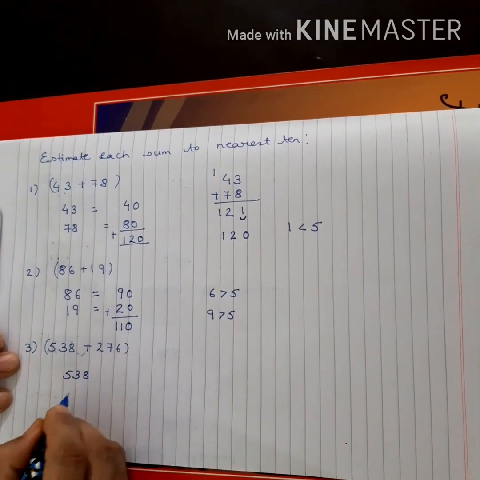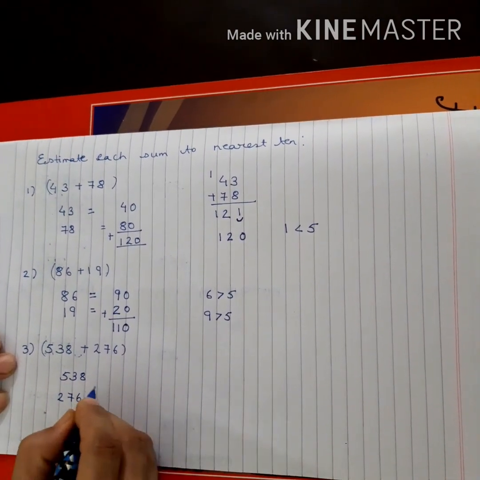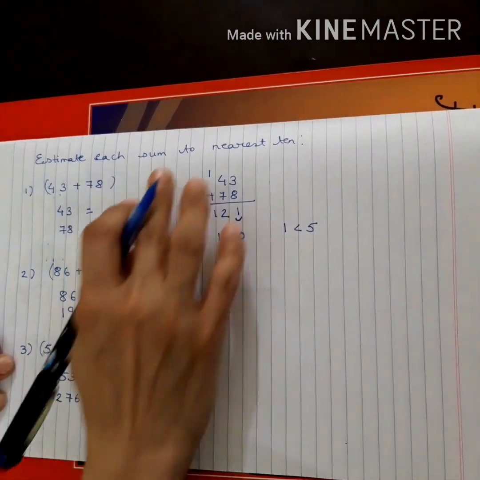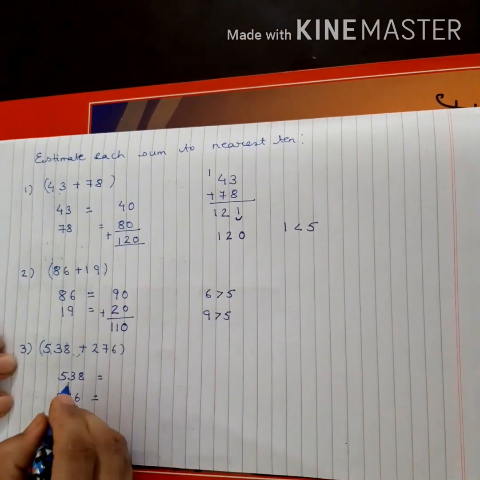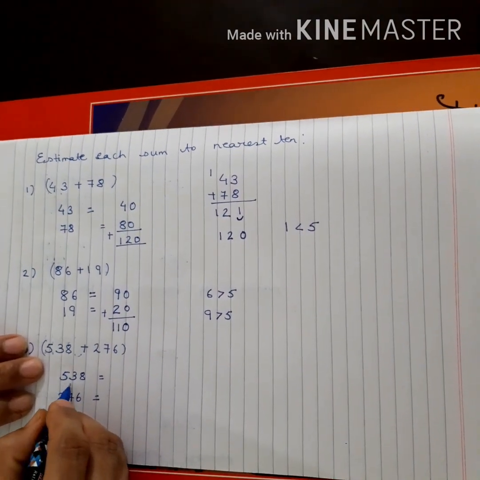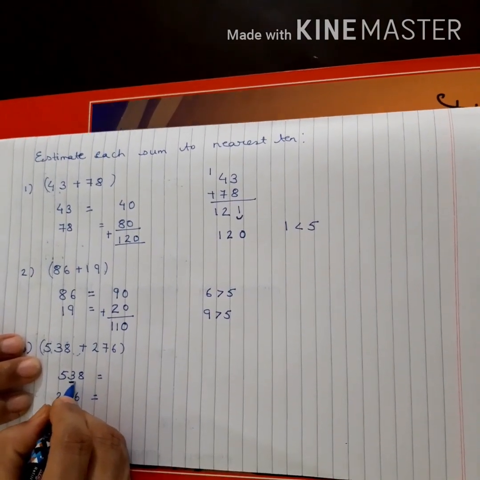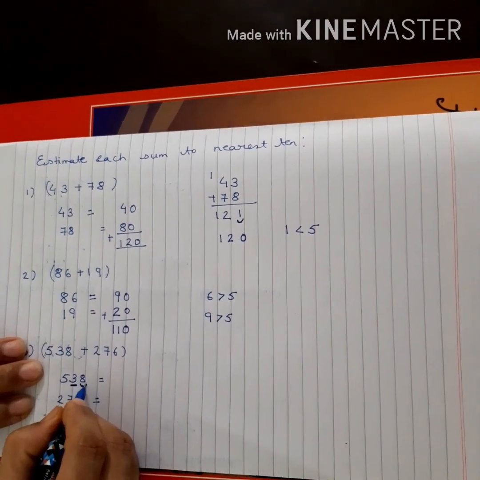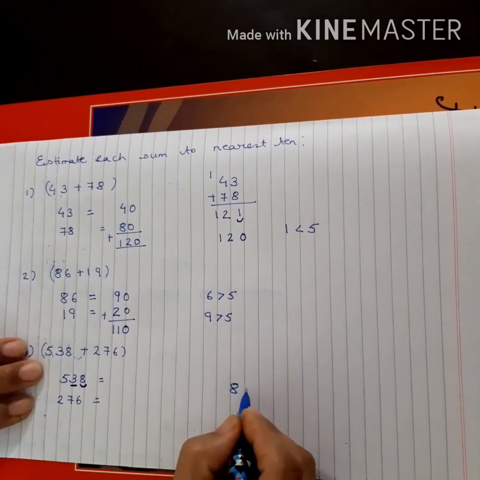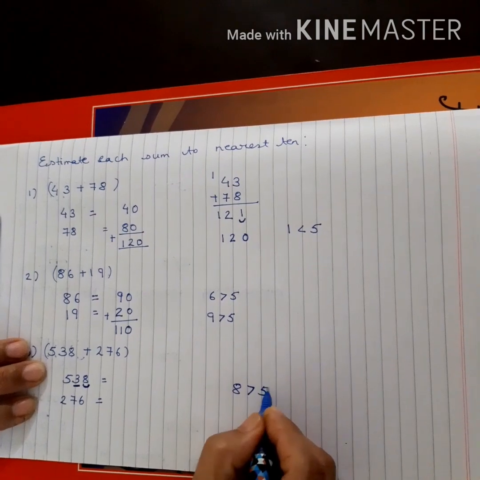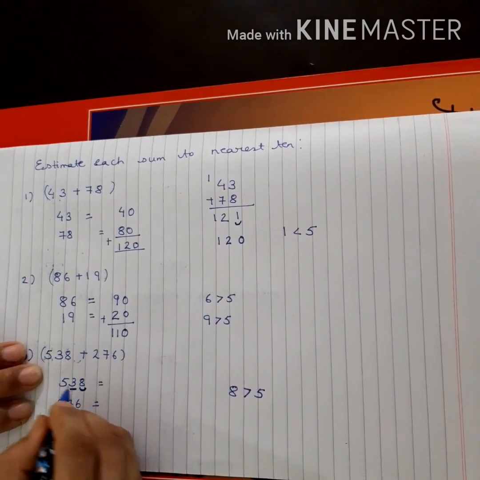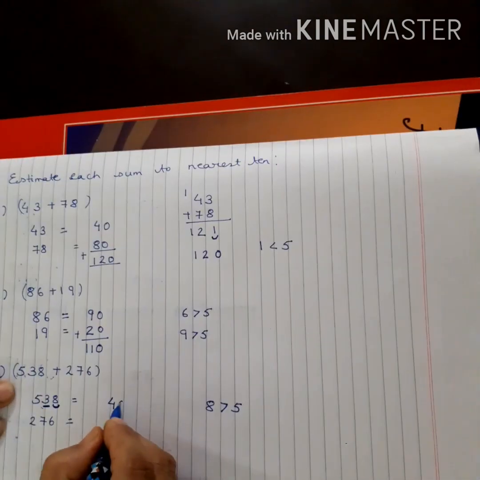Now let's take another example of this. 538 and 276. We will round off both the numbers to nearest tens. We have to round off to nearest tens, so we will underline the tens digit and we will check the ones digit. Now this 8 is bigger than 5, so this 3 will increase by 1. It will become 4.